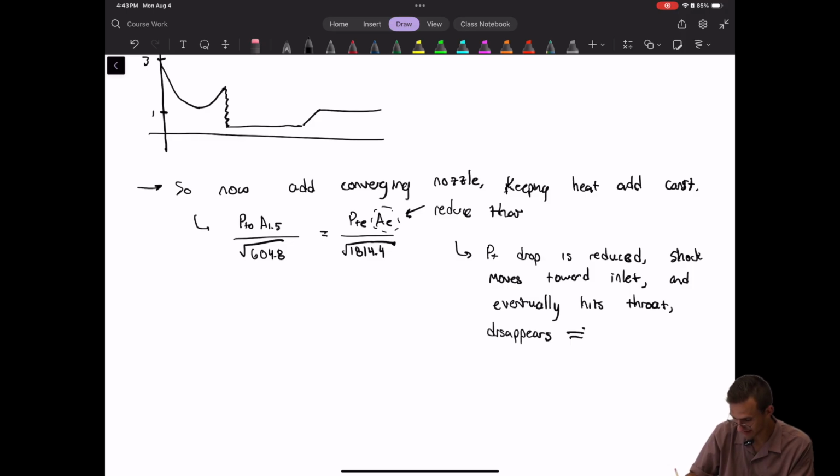And this is operating at the third critical of the diffuser or inlet.